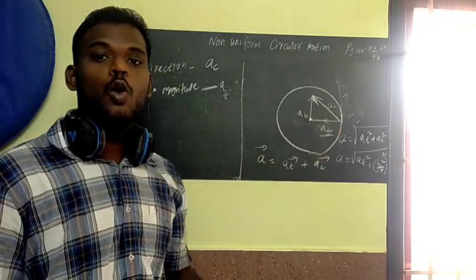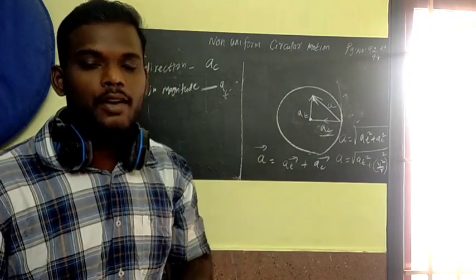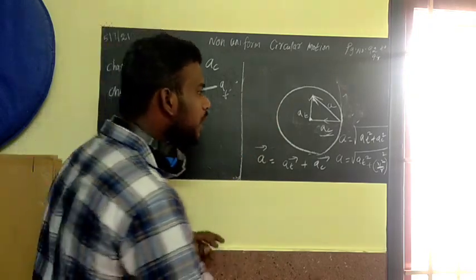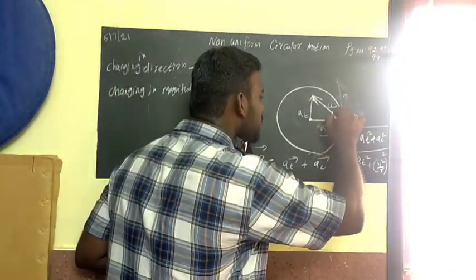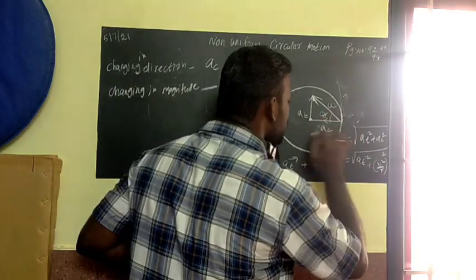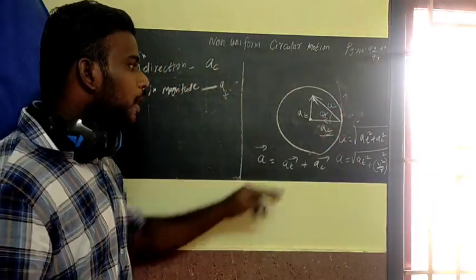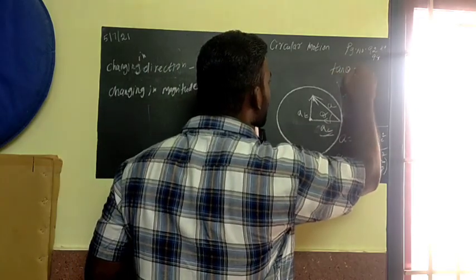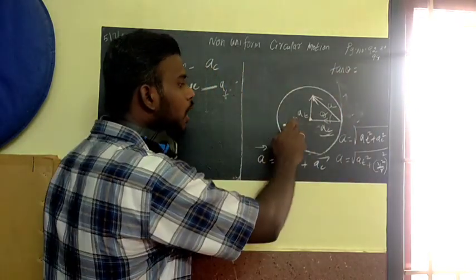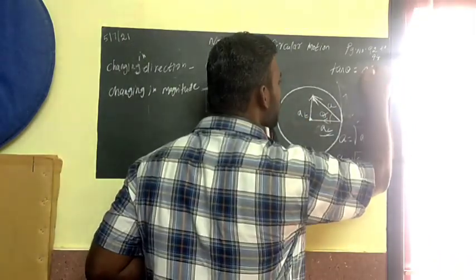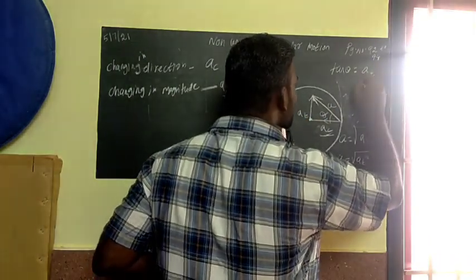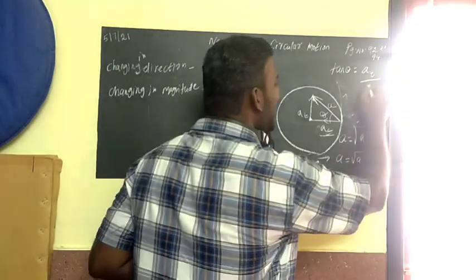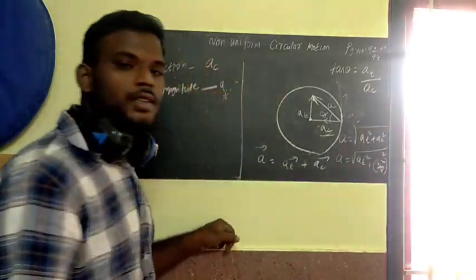Next, I want to know the direction of the resultant acceleration. The resultant acceleration makes an angle theta with the centripetal acceleration. Using this, tan theta equals the opposite side over the adjacent side. Opposite is AT, and adjacent is AC. Is that clear?